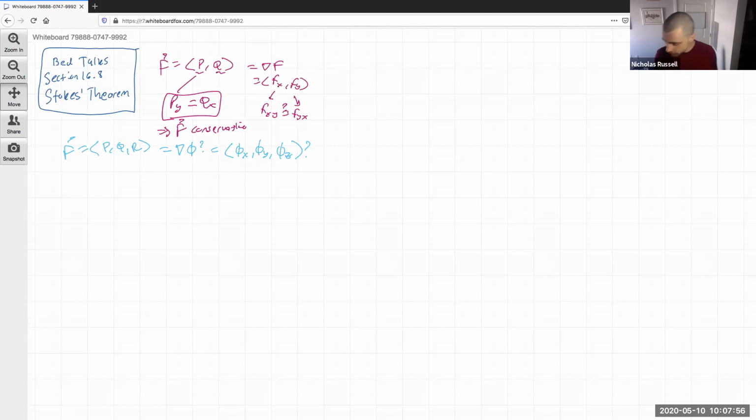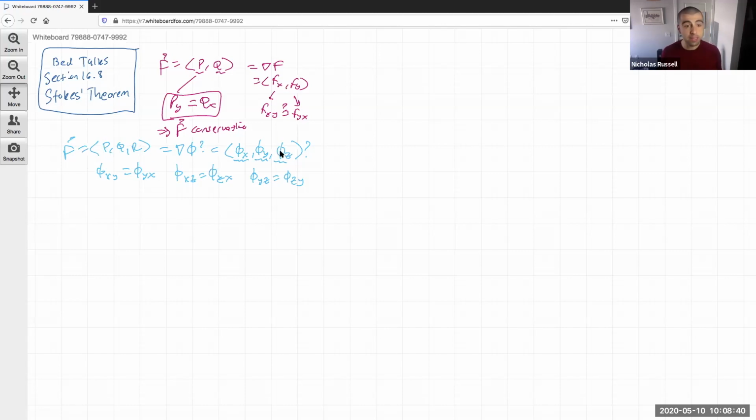One way we can see this is that I could still take second partial derivatives, and from Clairaut's theorem, I need all of the second partial derivatives to be the same regardless of order. So phi_xy has to be the same as phi_yx, phi_xz has to be the same as phi_zx, and phi_yz the same as phi_zy.